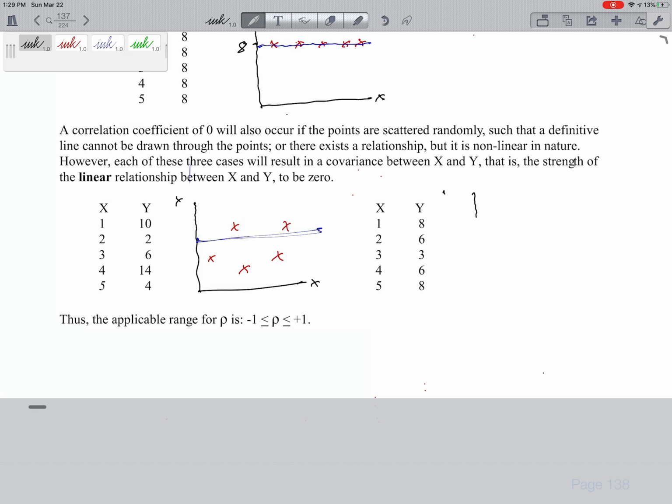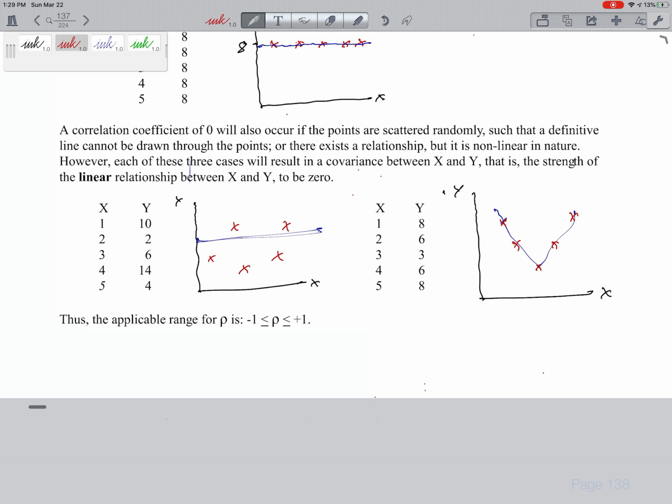Here's the last case, and that is where you might actually have a fairly strong relationship between x and y, but it's not a linear one. So in this particular example, if we were to plot out these points, we'd end up with something like this. So a strong relationship, but it's not a linear one.